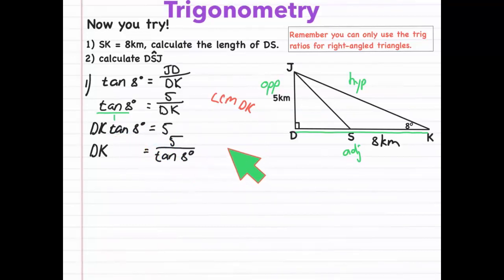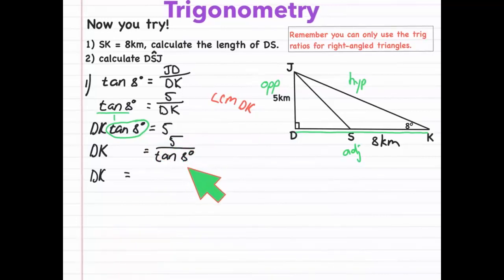Because then we have to write the tangent to the power of -1. Here I'm actually moving this entire thing, the tangent with its angle. That's why we can divide with it. So now dk is equal to, and now you can type this into your calculator exactly the same way as it is written here.